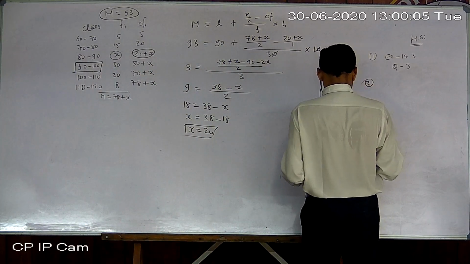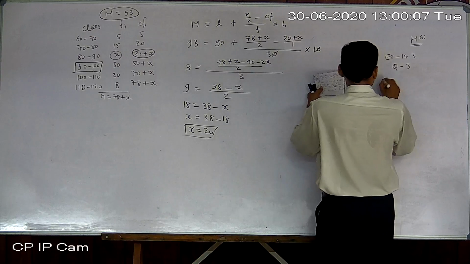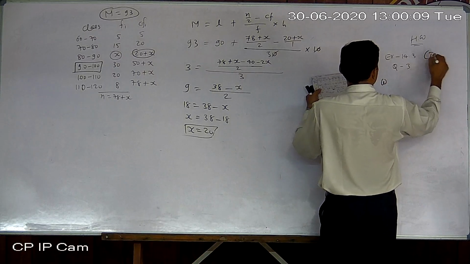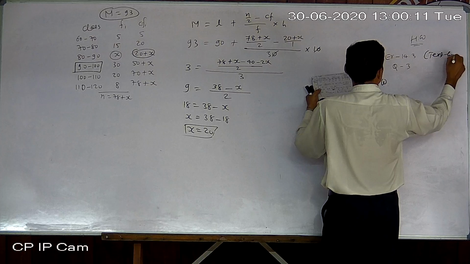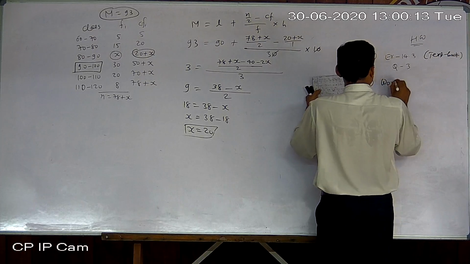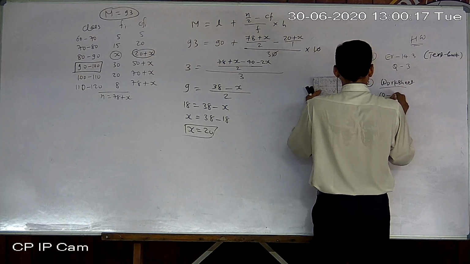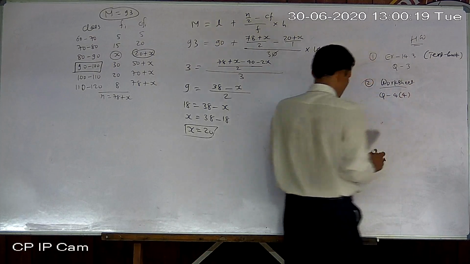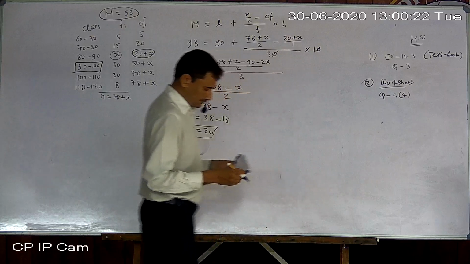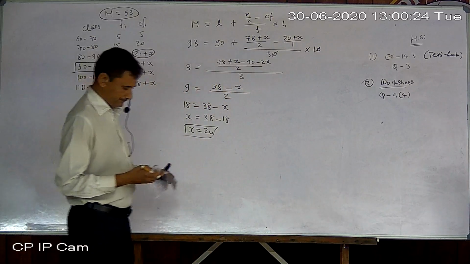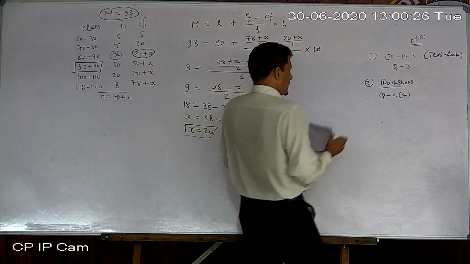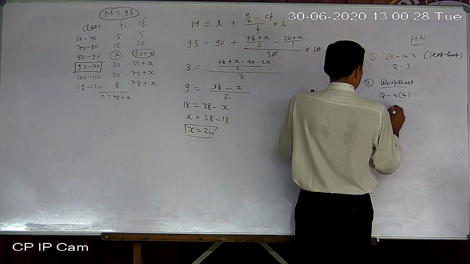These types of sums I am giving you from the worksheet. This is from the textbook. Worksheet question number 4, the fourth question. The answer of it will be 20.